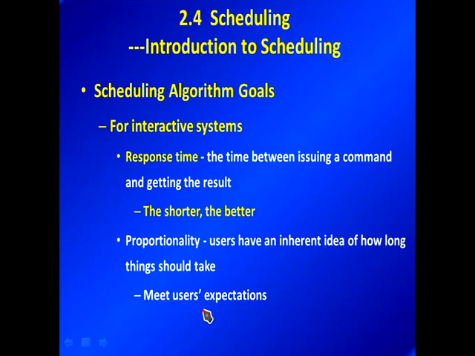The interactive systems. As I mentioned before, the response time is very important for interactive systems, because of course it should be shorter, right?